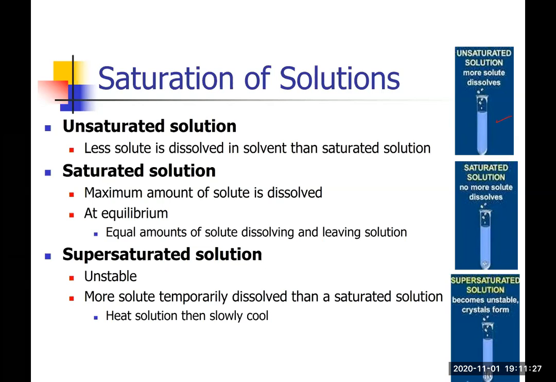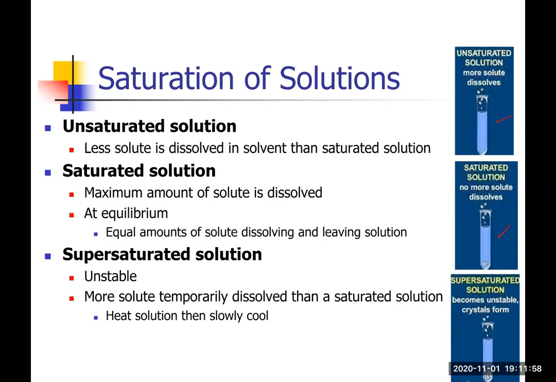A saturated solution is assumed to be at equilibrium, which means that there are equal amounts of solute dissolving and leaving solution. In a saturated solution, if we add more particles, you can see that the dissolution process is not occurring. A supersaturated solution is very unstable because we have more solute temporarily dissolved than we would with a saturated solution.